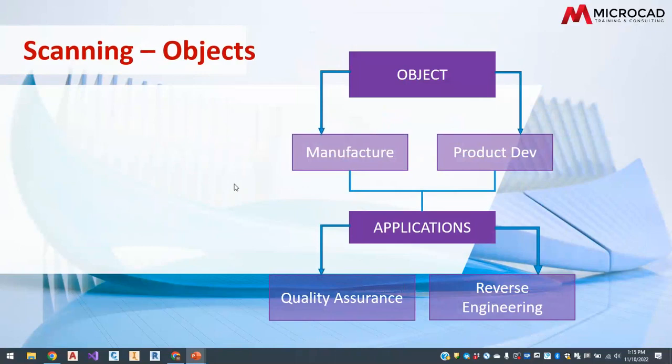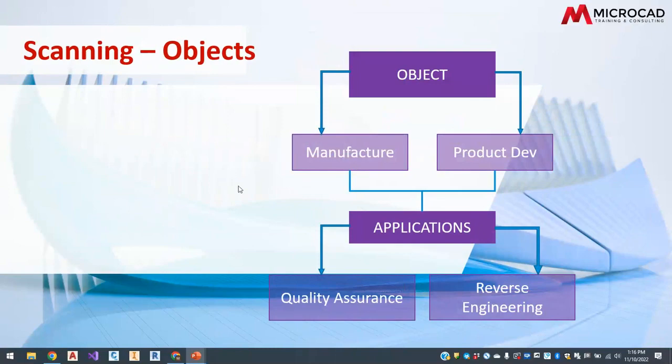We're able to scan them when they're dry docked and get accurate representations of the hull, whether you're looking for damage or if you're going to retrofit anything to it. Now you have complete accurate measurements for that. These types of applications generally fall under quality assurance, and then also the reverse engineering or retrofitting of things. We can also use the scanning for that.